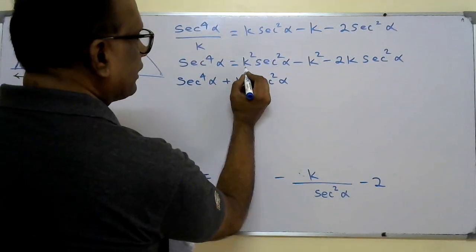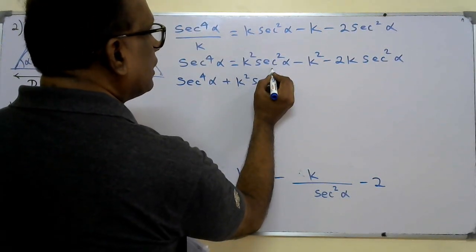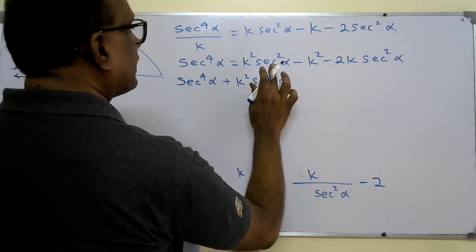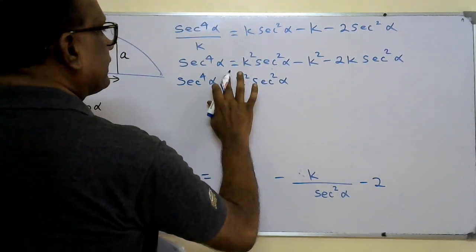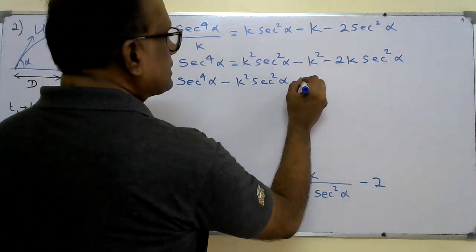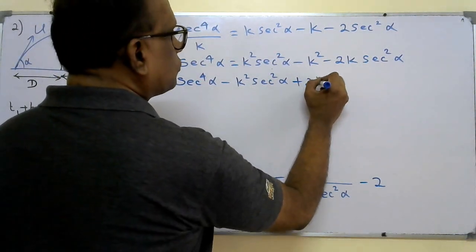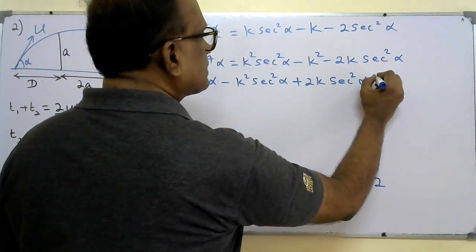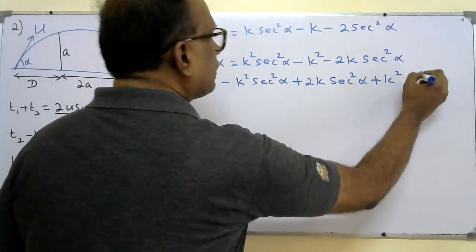Sec to the power 4 alpha minus k squared sec squared alpha plus 2k sec squared alpha plus k squared equal to 0.